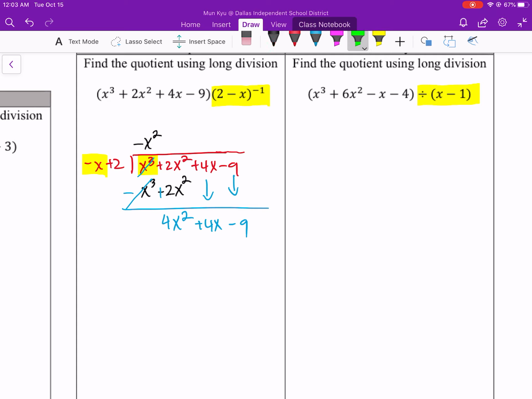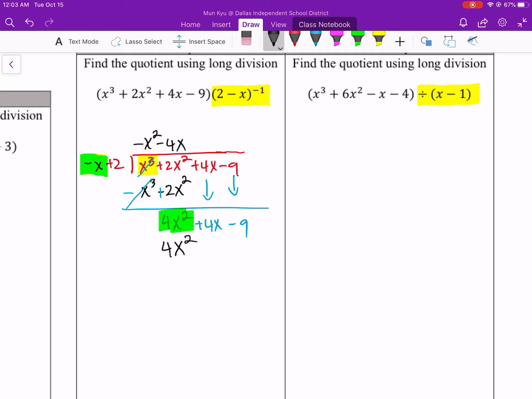Next, how can I get rid of this one? 4x squared. What should I multiply with this? If you want to get 4x squared, this one is negative, this one is positive, so you have to multiply by negative 4x. Because negative 4x times negative x will become positive 4x squared.